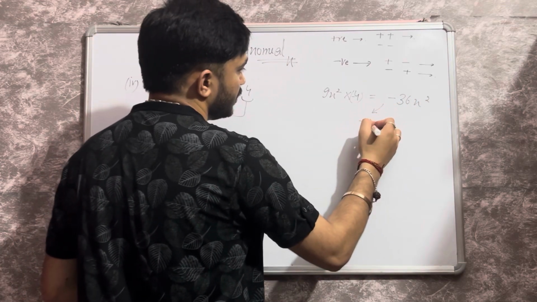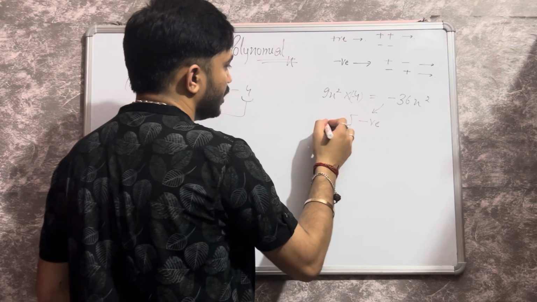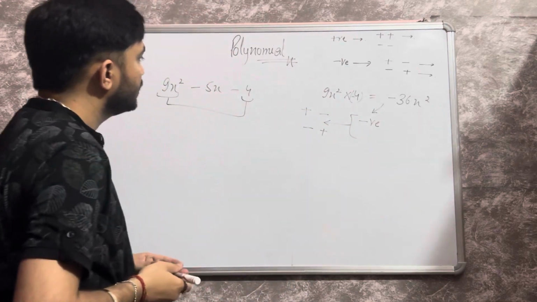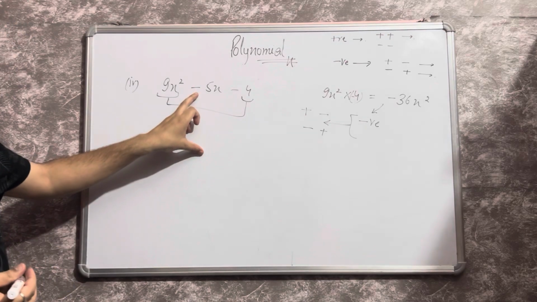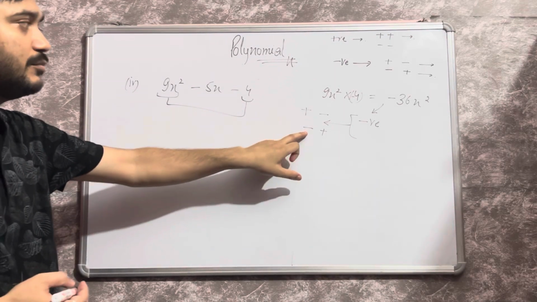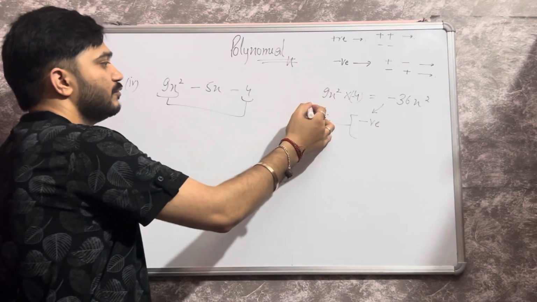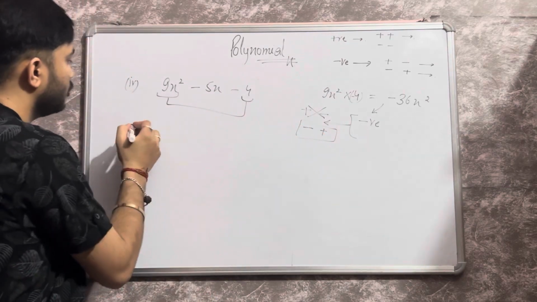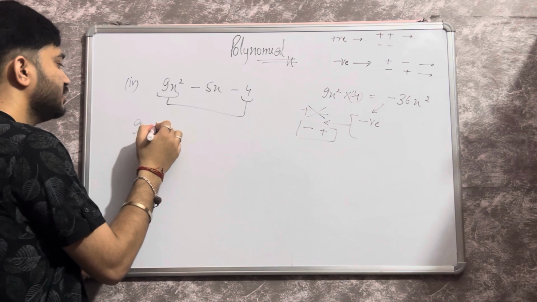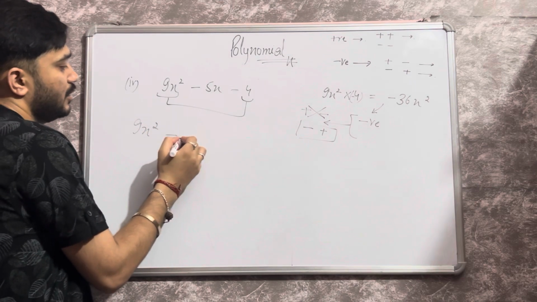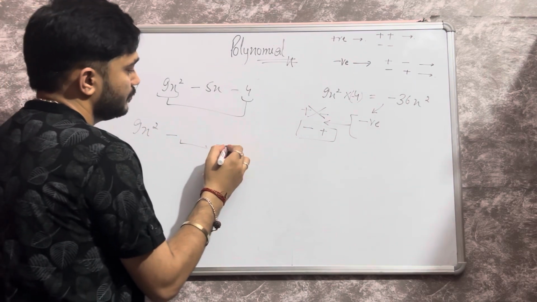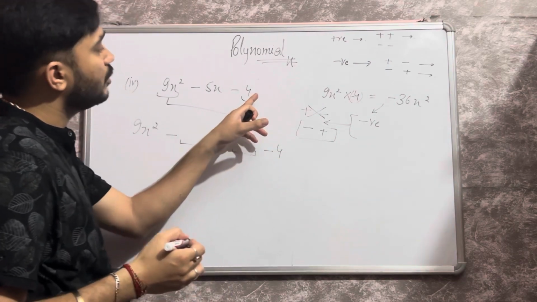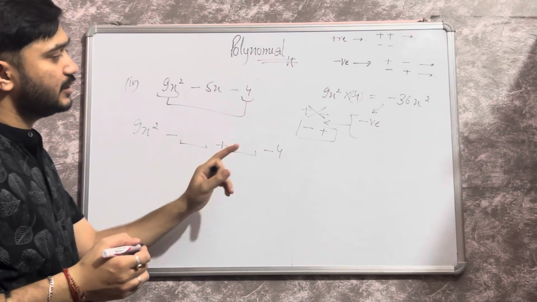Since this is negative, we are going to have two variations, that is plus minus and minus plus. Since the middle term has minus sign in it, the first variation is cancelled out and we are going to use the second variation. So you can write the first term as it is, 9x square, leave some space for the second term, then for the third term, and write the last term as it is.